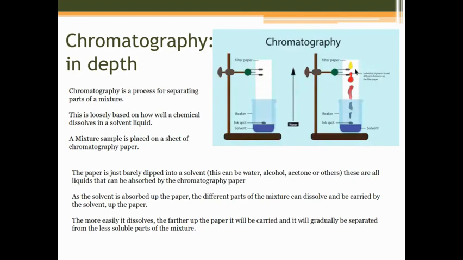And that solvent front will be with the top edge of where the liquid has been absorbed up through. The more easily it dissolves, the better it will stay with that solvent front. So different chemicals will dissolve less and they get stuck behind. And so over time, it will gradually be separated from the less soluble parts of the mixture. That's paper chromatography, or chromatography in general.